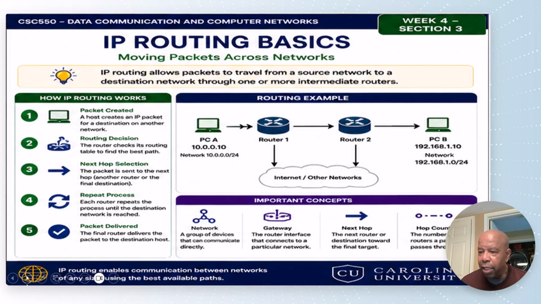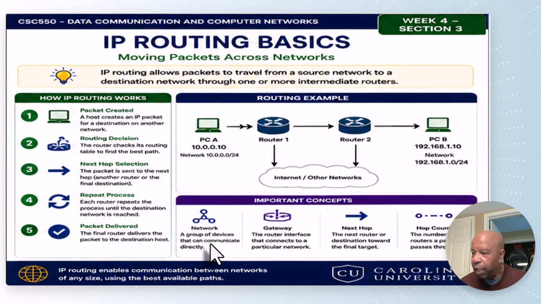Important concepts. A network is a group of devices that communicate directly. The gateway is the router interface that connects a particular network to another router. Next hop is the next router or destination towards our final target.